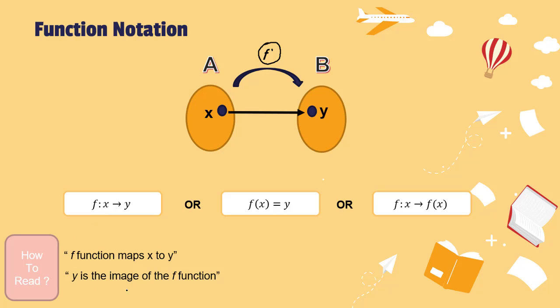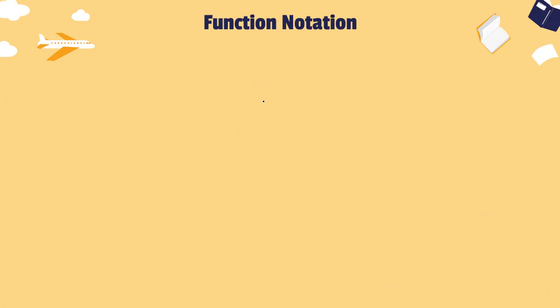This is how to read: f function maps x to y, and y is the image of the f function. For x is an element of set A or domain, and y equals f(x) is the image of x, and f is the function.